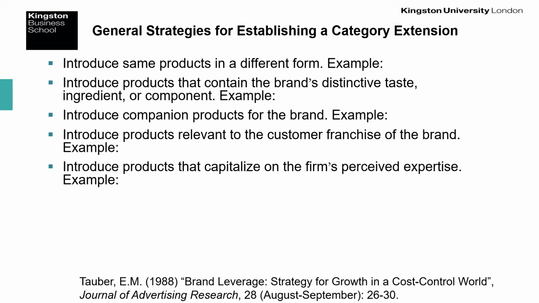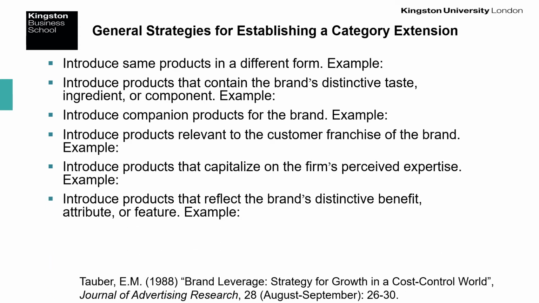Tauber's next strategy was that you could introduce products that capitalized on the firm's perceived expertise or technological know-how. So try to think of an example of category extension that fits that general strategy. Next, Tauber said you could introduce products that reflect the brand's distinctive benefit or attribute or feature. Once again, I'd like you to think of an example.